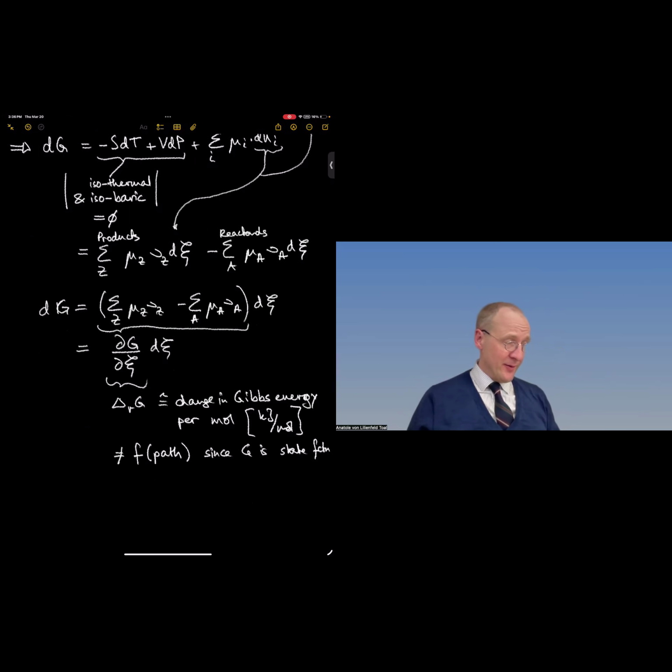So it doesn't really matter what happens in between your reactants and your products.